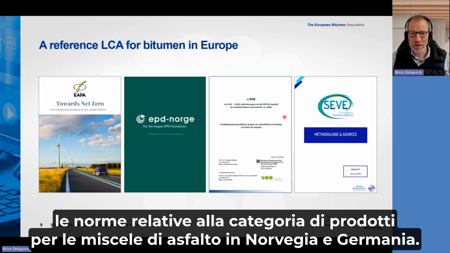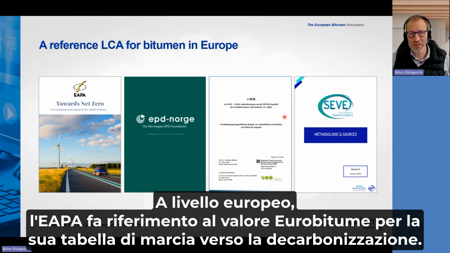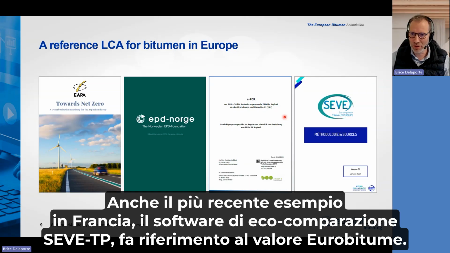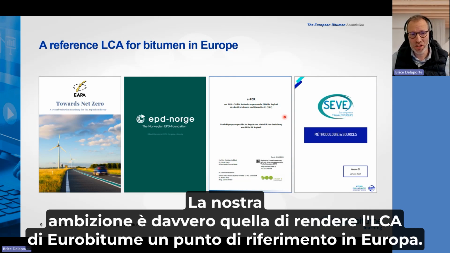For example, the product category rules for asphalt mixtures in Norway, as well as in Germany. At the European level, the European Asphalt Pavement Association refers to the EuroBitume value for its decarbonization roadmap. And the last example, in France, the SEVE Eco Comparator software also refers to the EuroBitume value. So our ambition is really to make the EuroBitume LCA a reference source in Europe.